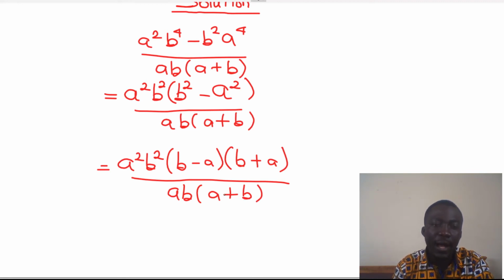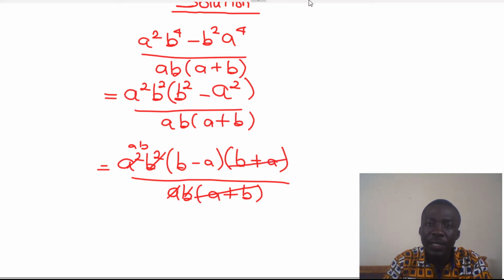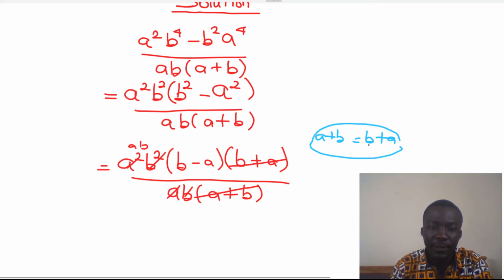We can cancel out. A can cancel A, we'll be left with a single A here. B can cancel B, we'll be left with a B here. Then a plus b can take away b plus a, since a plus b is the same as b plus a from the commutative property.